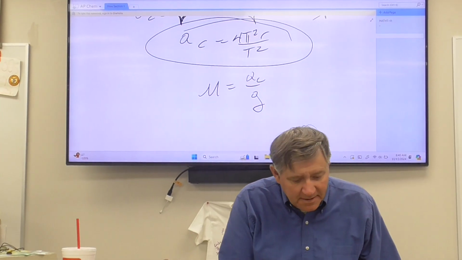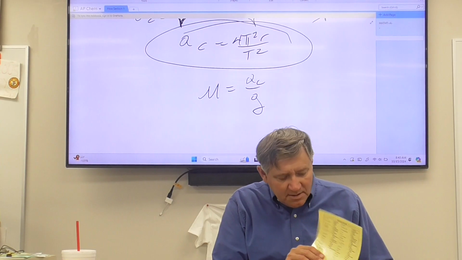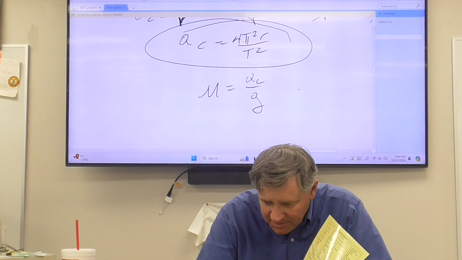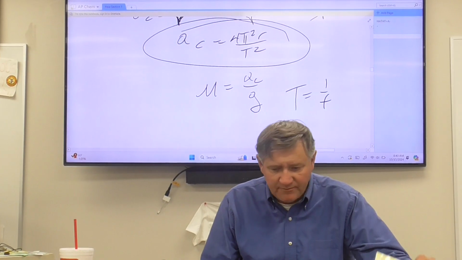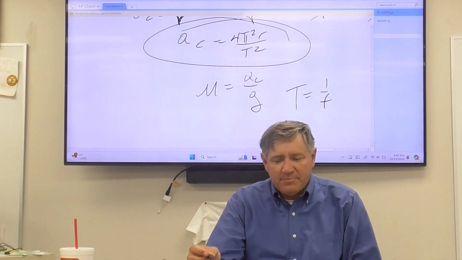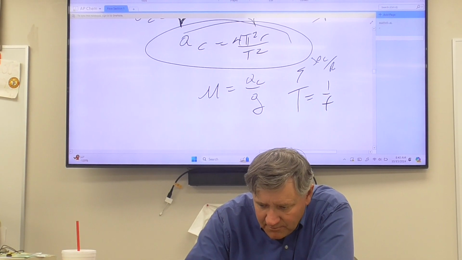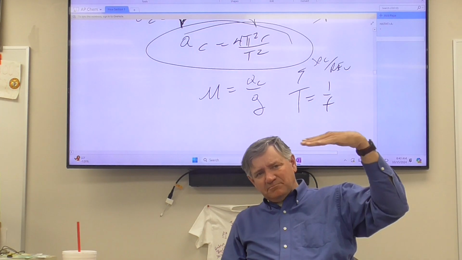Now, here's another handy thing you can do. Over here on this yellow sheet, as we've talked about briefly before, you have the equation that says period is equal to the inverse of frequency. Period is technically seconds per revolution. We never put the revolution part on there, but it's always implied.